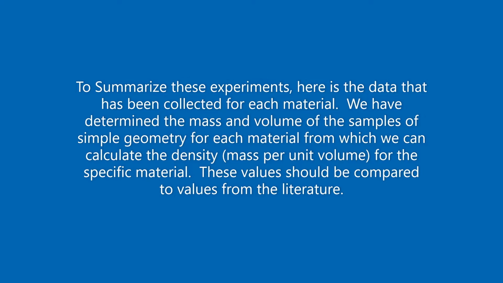From those dimensions, we're calculating the volume. And since density is mass per unit volume, we're calculating the density using the mass and volume calculations. These values for density for each material should be compared to values from the literature.